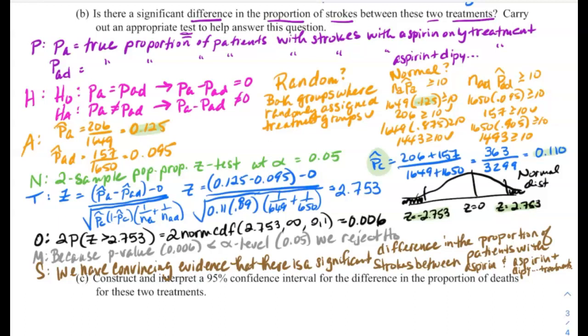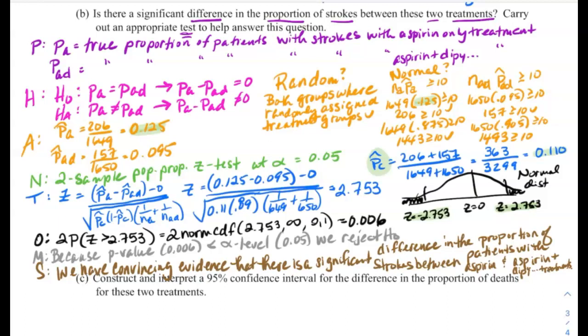And then our summary would be, we have convincing evidence that there is, and then I go back to the top, a significant difference in the proportion of strokes between the two treatments, the aspirin and whatever that DIPI treatment is. Remember that because we didn't randomly select, we can't apply this to a bigger population.